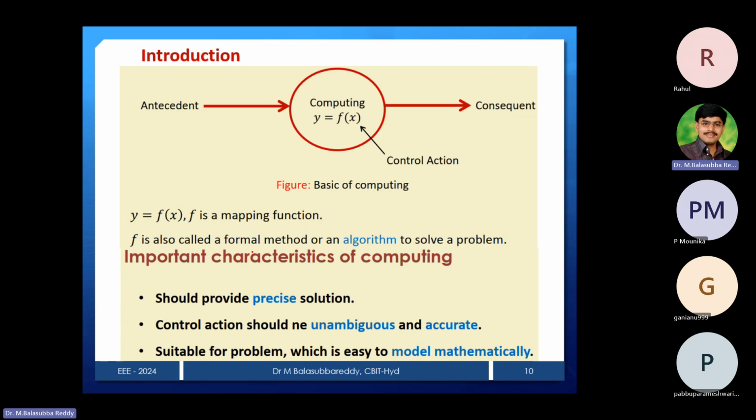Now y is equal to f of x is a normal function. f is a mapping function, also called a formula, an equation, or an algorithm to solve the problem. Whatever the problem is, it may be a test function, where we can use x1 square plus x2 square and so on.